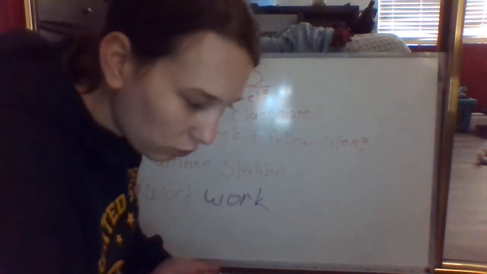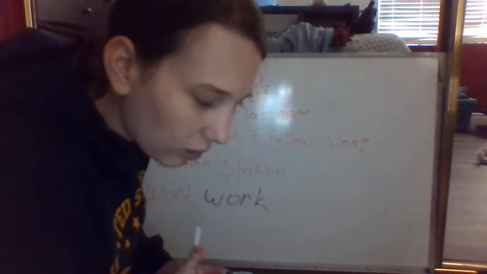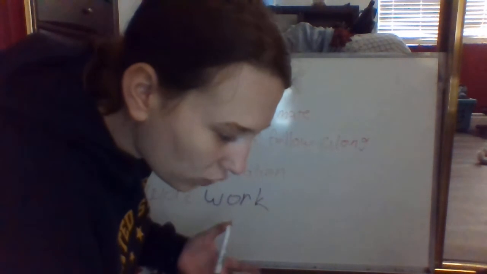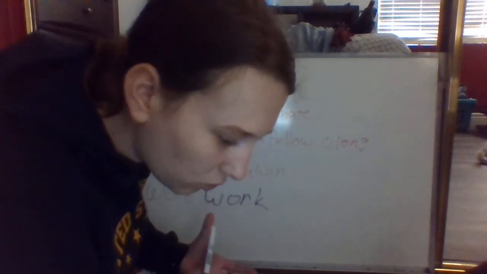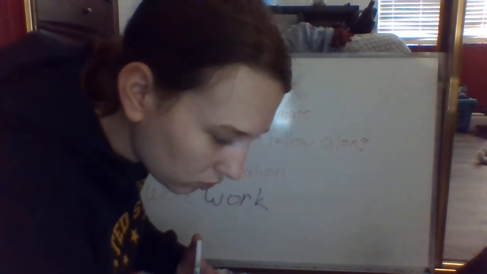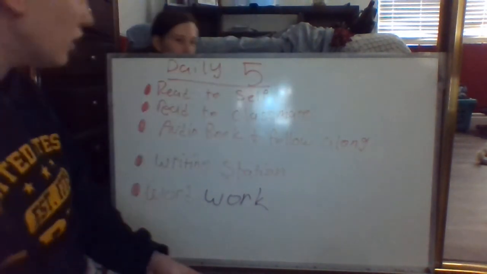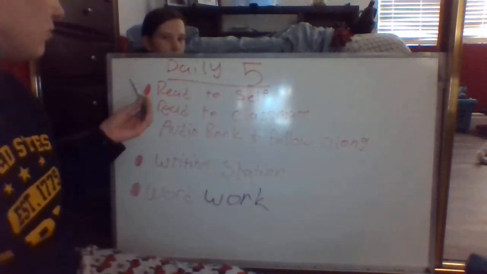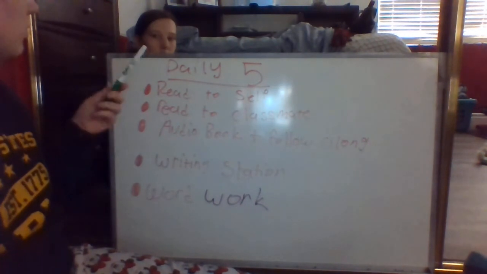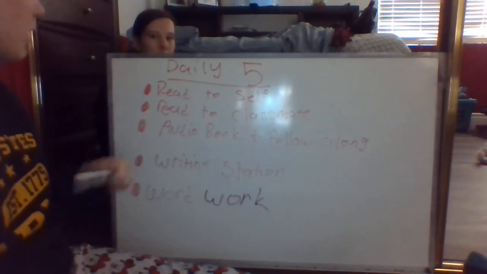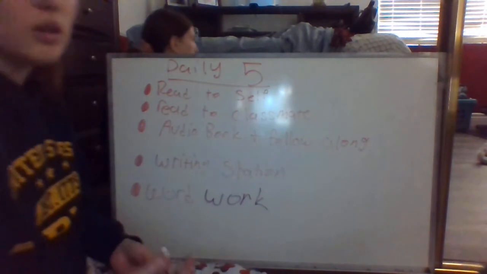So question 3 in my study guide asks, list and describe the daily 5 and describe efficient activities students can do while you are teaching a small group guided reading. The daily 5 is first and foremost usually used when you're trying to do a guided reading group.